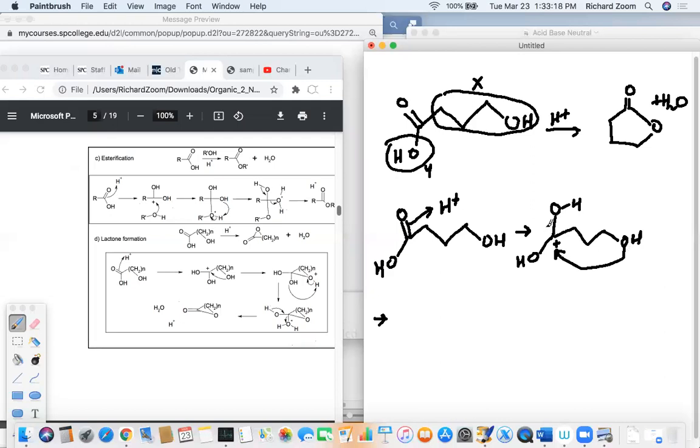Now what can help here is if we number these carbons and the oxygen here. This gives us an idea of how many things we're expecting to see in the ring.